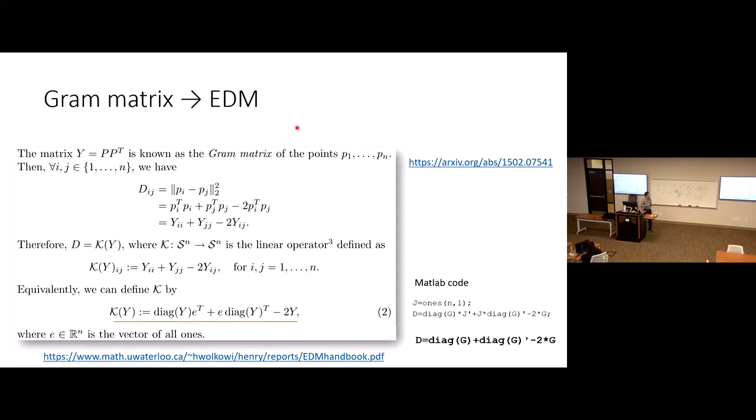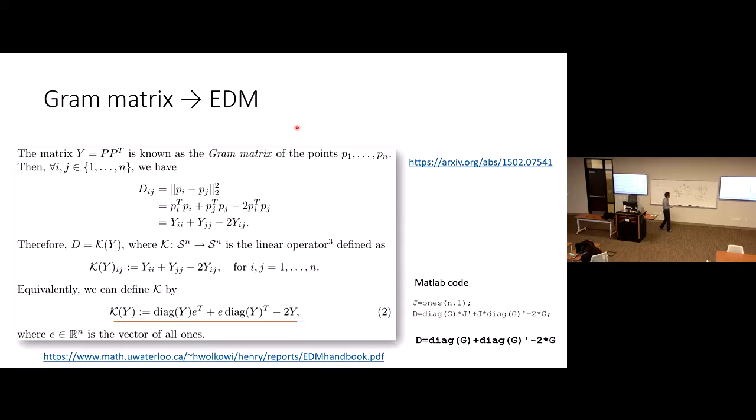So this is the formula for how you can convert. If you want to change to a gram matrix, or you need a distance matrix, you can compute this. The other way around, if you are given this, you can compute a gram matrix.